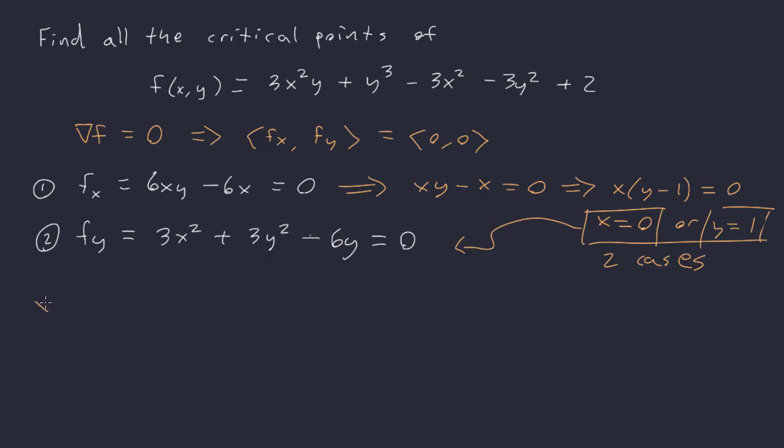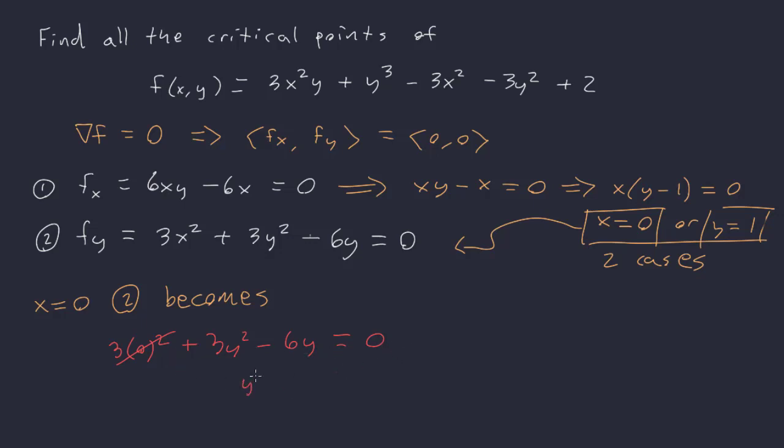So when x equals 0, equation 2 becomes, let's do it in red, when x is 0, that piece goes to 0, so we'll get 3 times 0 squared plus 3y squared minus 6y equals 0. So this goes away, and now we have 3y squared minus 6y is equal to 0.